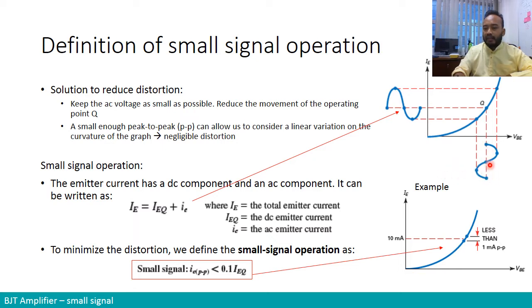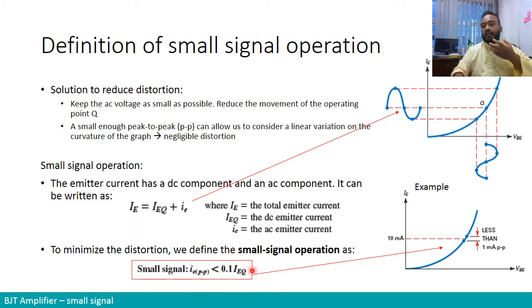If you measure, for example, the value of this DC voltage, sorry, not current, the range of this voltage needs to be 10 times smaller than this value over here. Okay, so that is the definition of small signal operation.